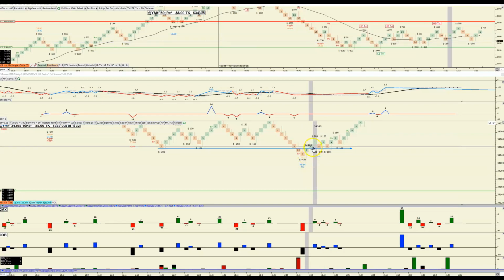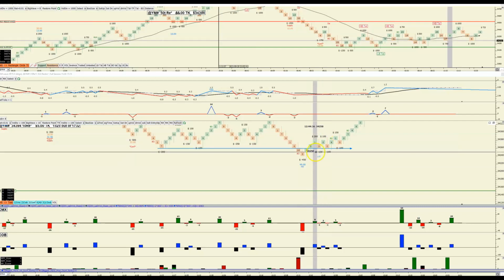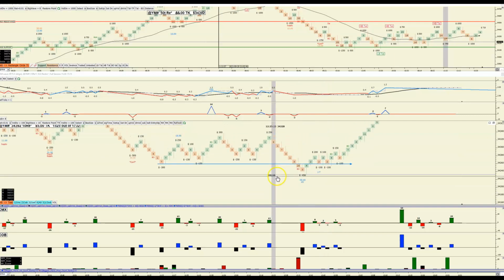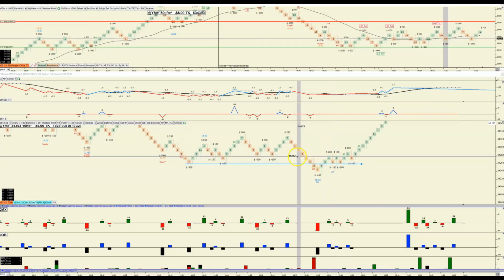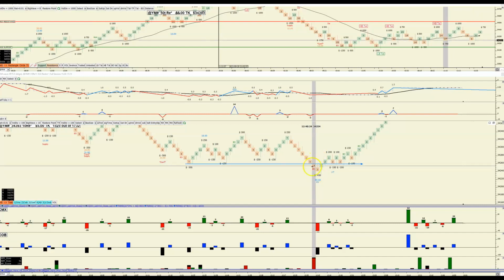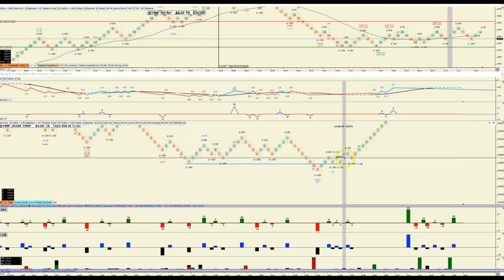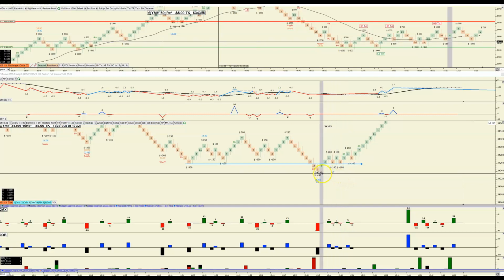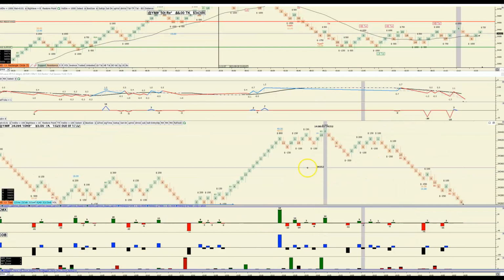Even if there's no strong evidence that demand is coming back in, we know that supply pressure is gone. Then you have to take a look at some other markets, but I would prefer very strong demand when it goes up. In this case, it just pops up, takes out the high of the breakout on the downside, attempts to go down and fails, attempts to go down again, and then increasing volume here shows some strength, because this is the biggest out of all the bricks since the breakdown.